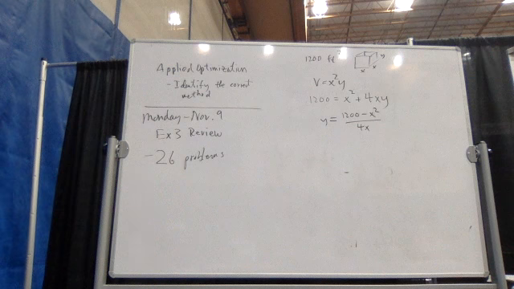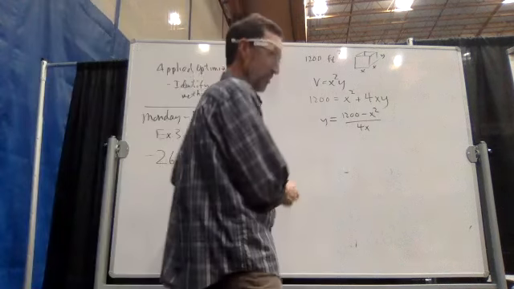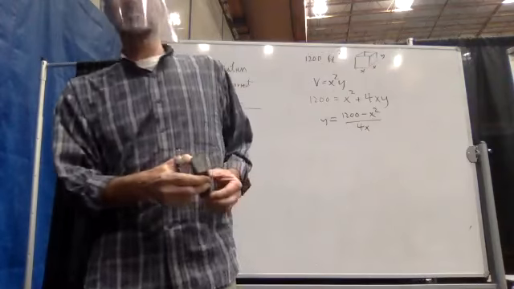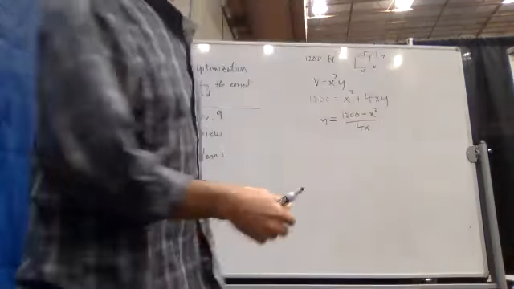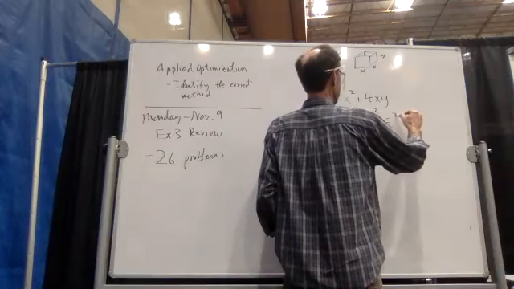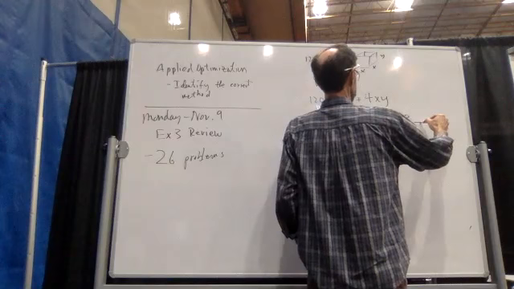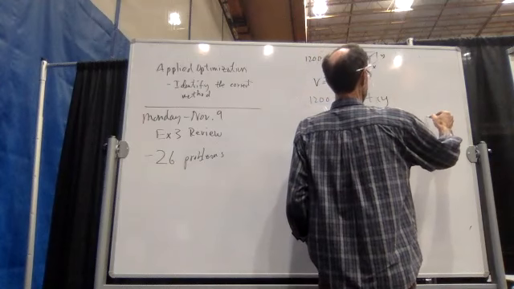Is that correct? Yeah. Is the quotient rule our favorite rule for derivatives or least favorite rule? Yeah, so let's multiply it out. 300 over X minus X over 4.